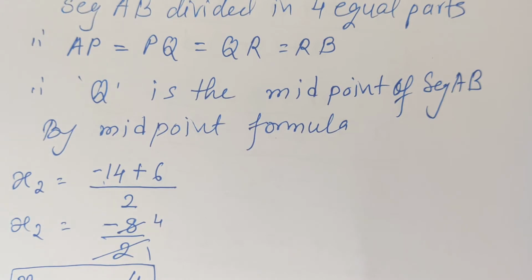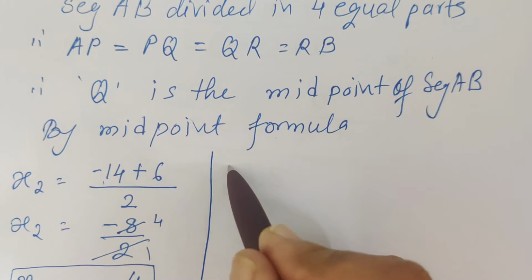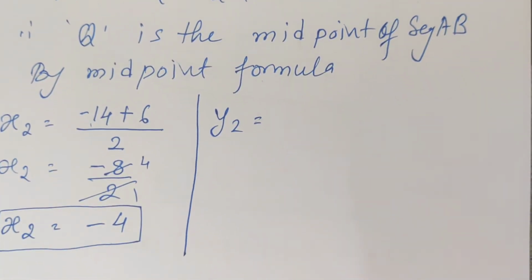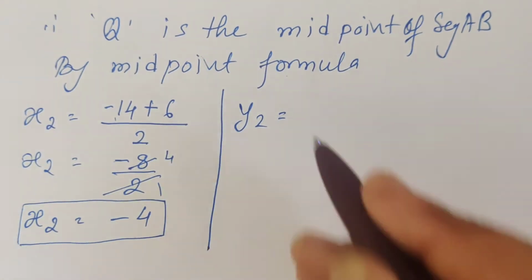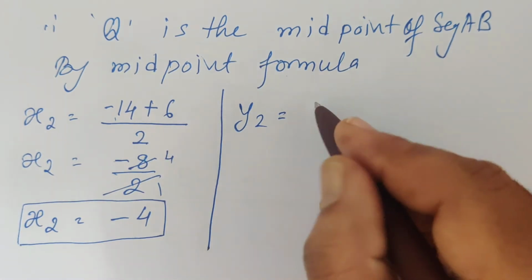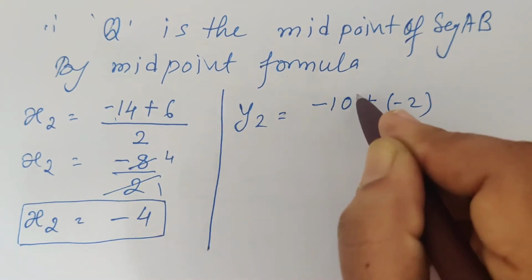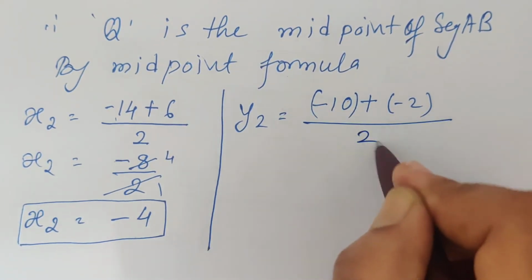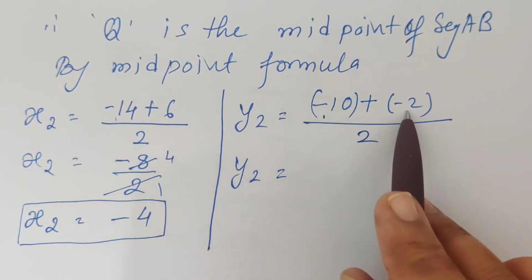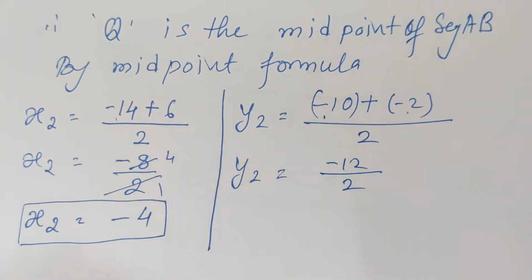Now we will find out the y coordinate. So y2 is equal to y1 plus y2 upon 2, that is minus 10 plus minus 2 upon 2. So you get y2 is equal to minus 12 upon 2.